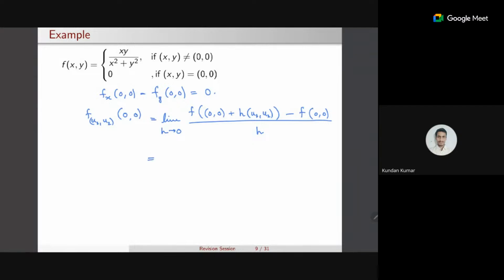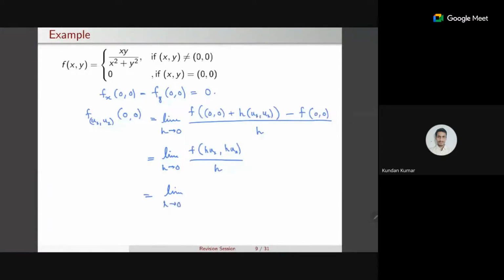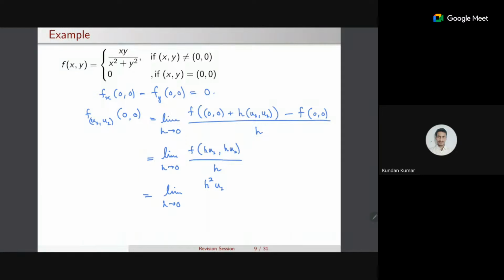Now for a general (u1, u2), this would be f(hu1, hu2) minus f(0, 0), which is 0 as before. But what would this be? This would be h square u1 u2 in the numerator. I'm just substituting hu1, hu2 in this expression.